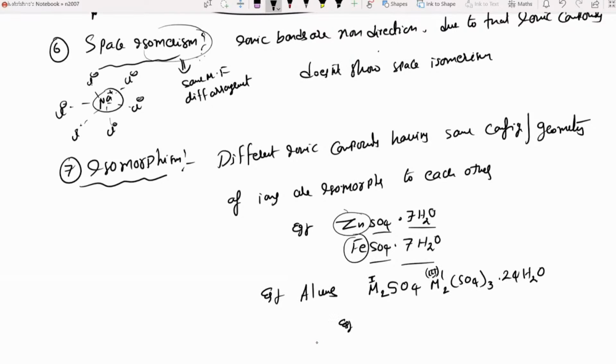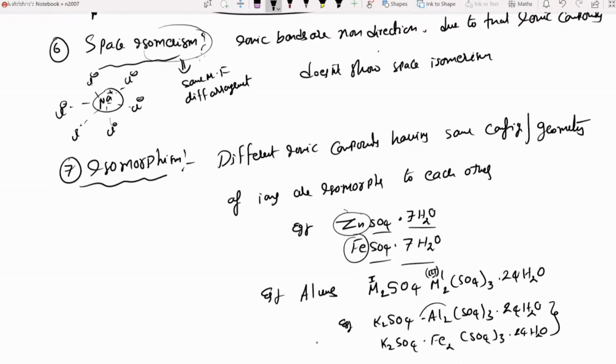Example: K2SO4·Al2(SO4)3·24H2O, potash alum, and K2SO4·Fe2(SO4)3·24H2O. These are isomorphs to each other. Why? Because aluminium and iron are +3 charged, potassium +1. Is it correct or not? This is called isomorphism.